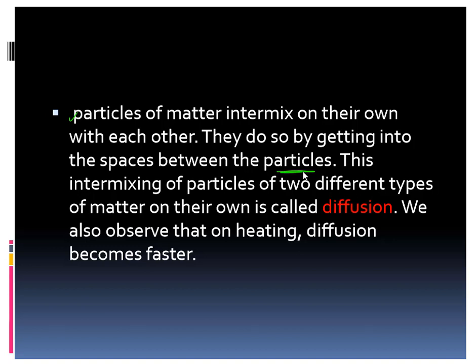The matter is not continuously arranged; there are voids or spaces between the particles. So the smaller particles get into the space available between the bigger particles. This intermixing of particles of two different types of matter on their own is called diffusion.